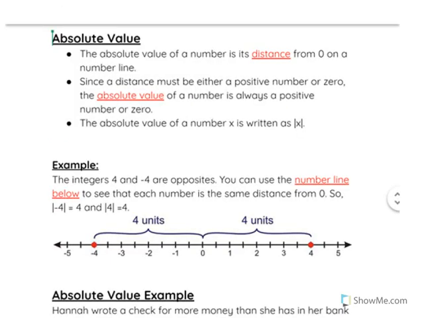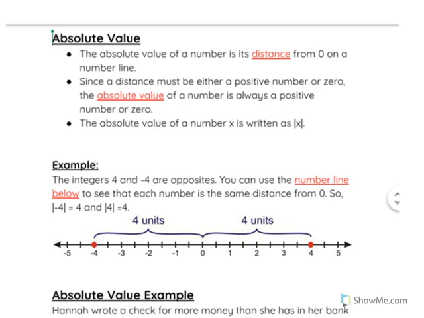Let's discuss absolute value. The absolute value of a number is its distance from 0 on a number line. Since a distance must be either a positive number or 0, the absolute value of a number is always positive or 0. Okay, so when you're talking about absolute value, you're talking about the number's distance from 0. So that means you're counting spaces.